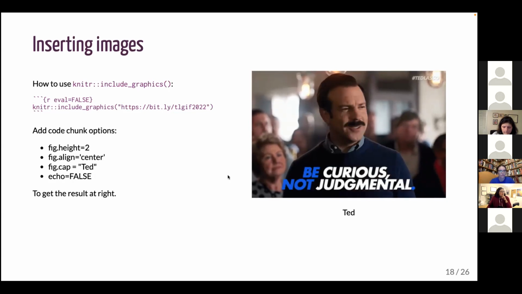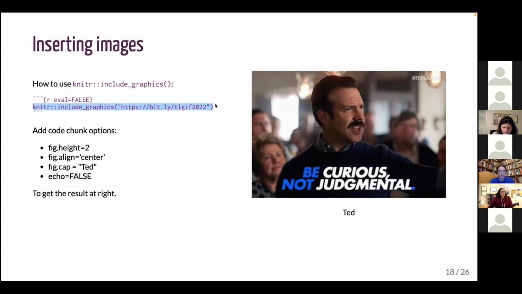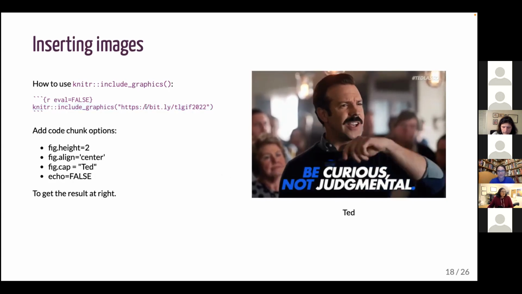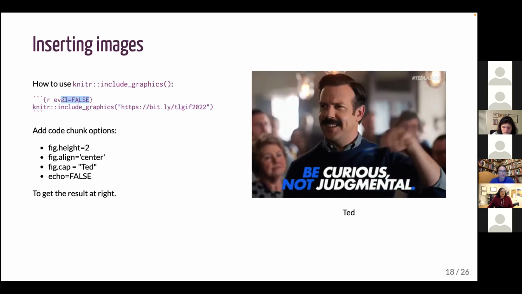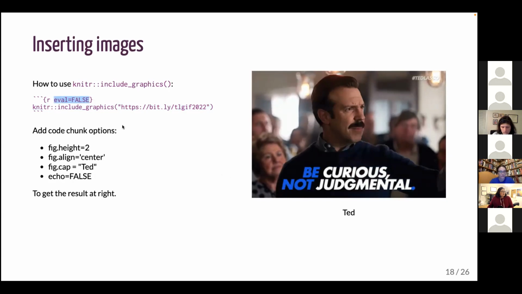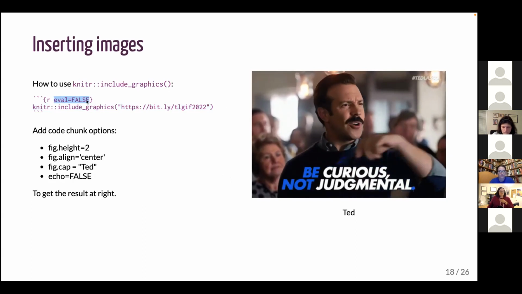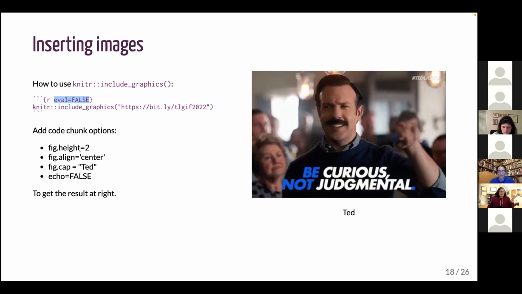So here's an example. So this is what I would do to include this GIF. So I use this knitr include graphics like that. And I have eval false there. That's a typo, sorry. Ignore that. And then inside of this, instead of this eval false, I would have the chunk options fig.height = 2.